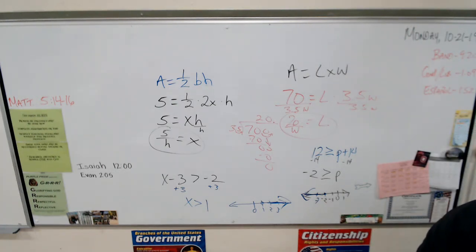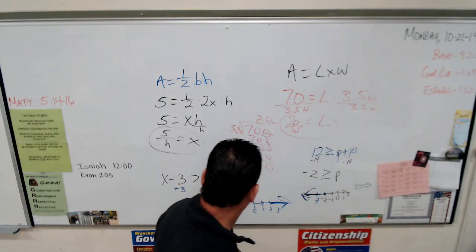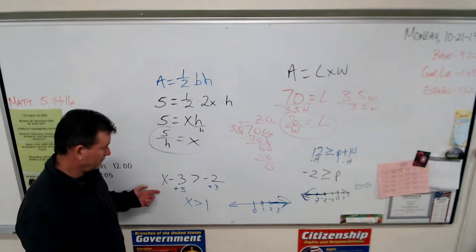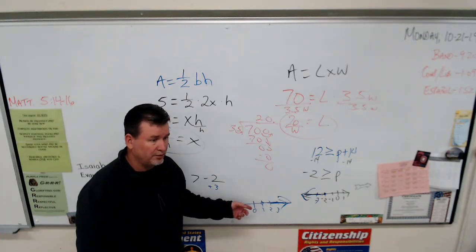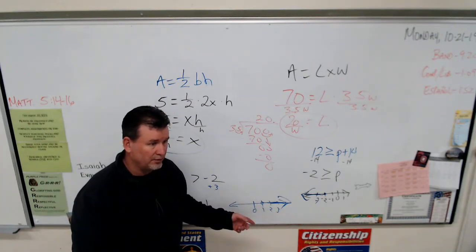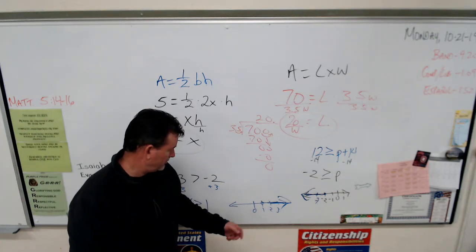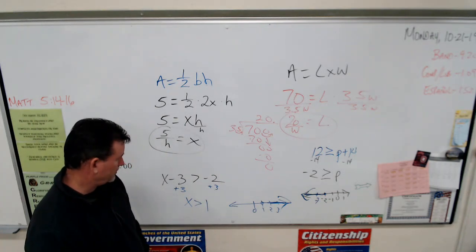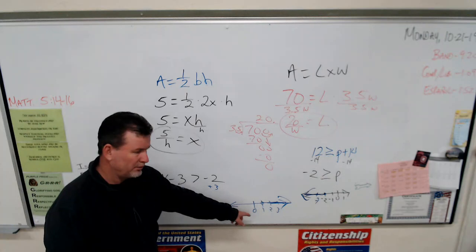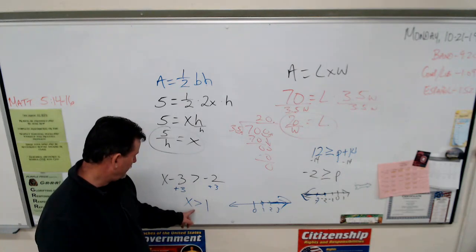Why didn't, could you just, on the first one you did, put the circle at 1, not just enclosed on 2? Here? You can't close anything. It's greater than 1.